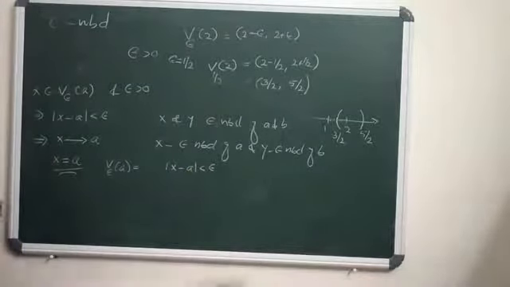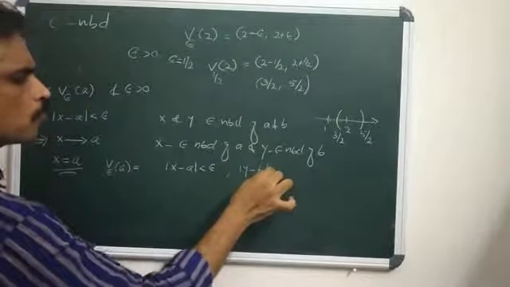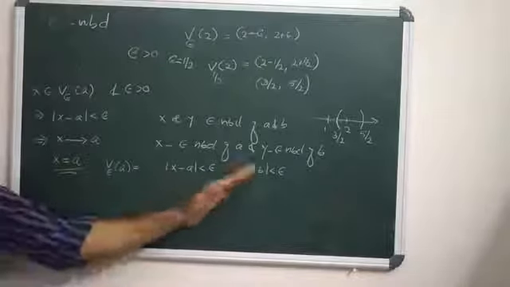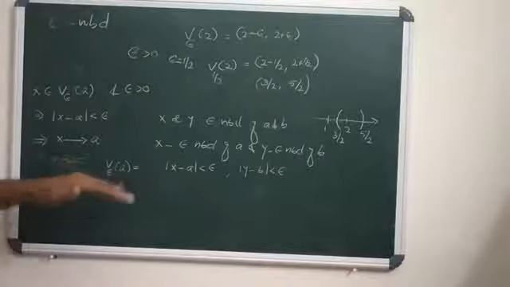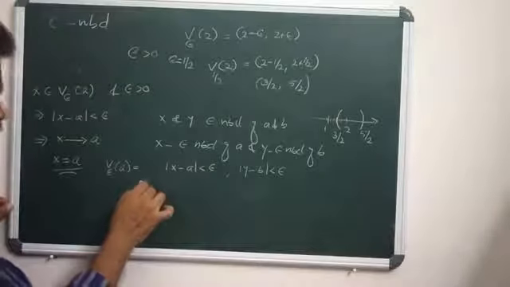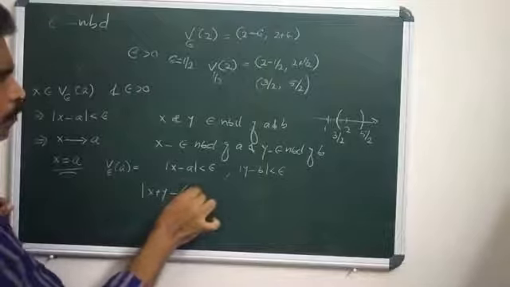Y in the epsilon neighborhood of B means modulus of y minus B is also strictly less than epsilon. Then we can consider the modulus of x plus y minus A plus B.